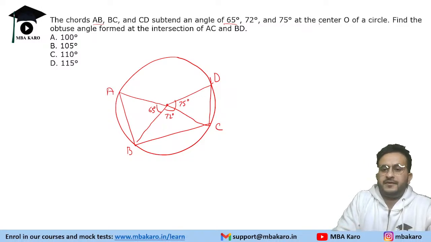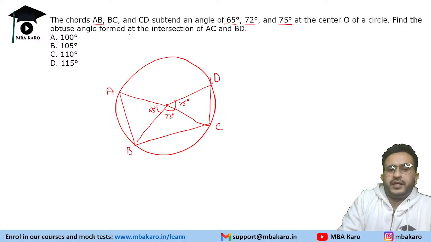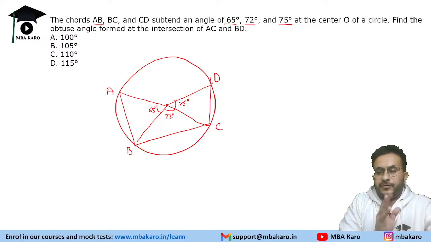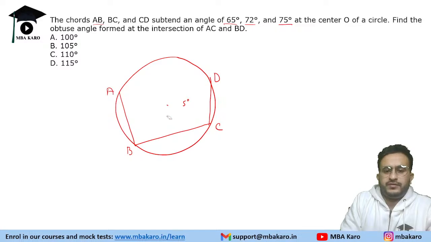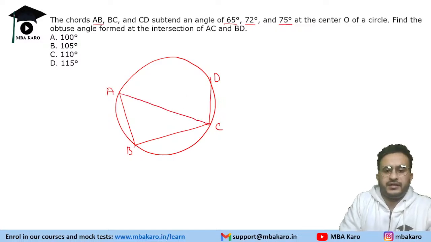Now we are given that the obtuse angle formed at the intersection of AC and BD. So we need to intersect AC and BD. So this thing I hope you have got, that's angle at the center, right? So we will join AC and BD and try to find out the angle there. Okay, so AC and BD, these are intersecting.